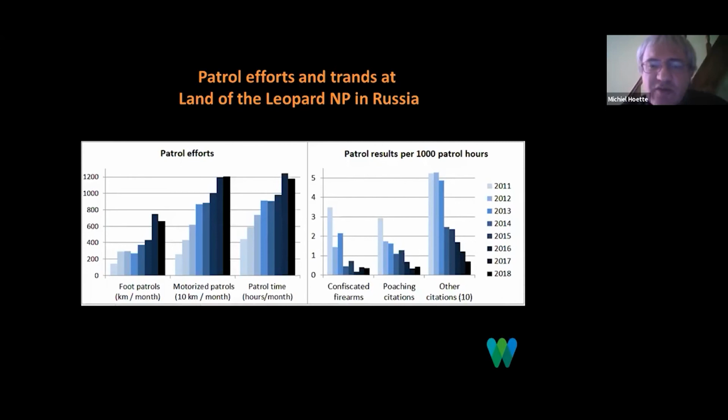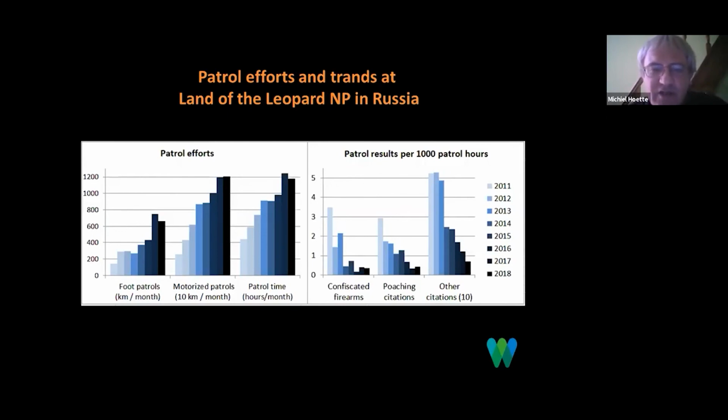So what the picture on the right shows, the patrol results per 1,000 patrol hours, is that they went down dramatically. Basically, in my opinion, it means that poaching is now under control in this national park, which is in Russia.